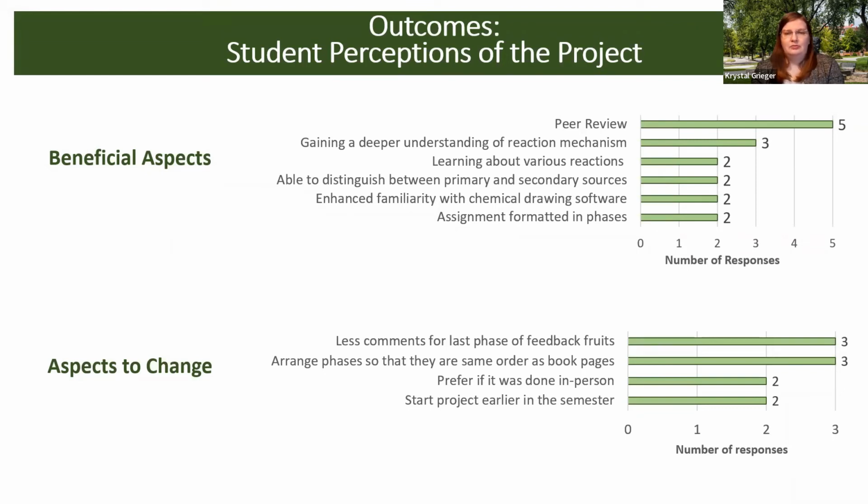However, on aspects of change, they also indicated that they would have preferred that the phases were in the same order as the book pages, instead of where we try to break it into easy steps, like draw the mechanism, since these are known reactions, they're in your textbook, they're online. And so we try to break them in that way. They would have actually just preferred, or at least 3 of them would have preferred, if they were in the same order right away as what the book pages would be.